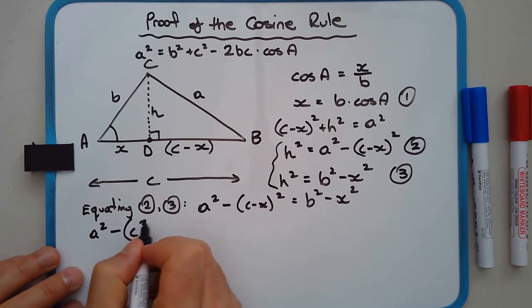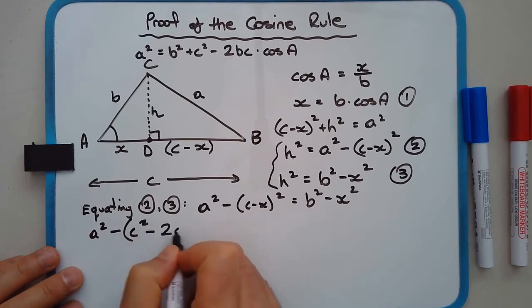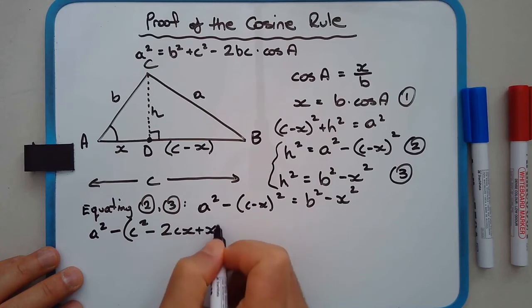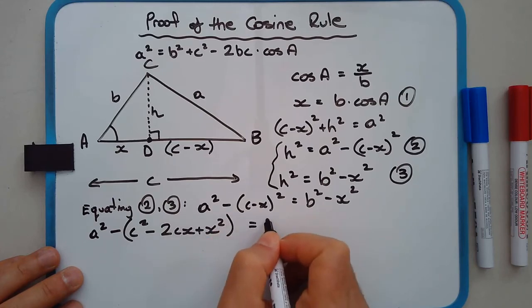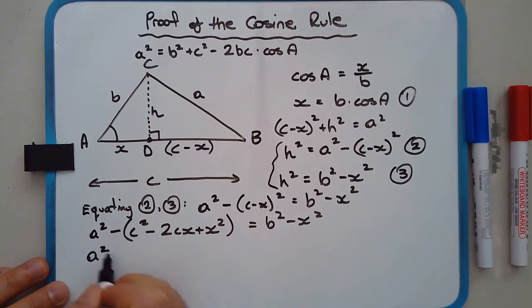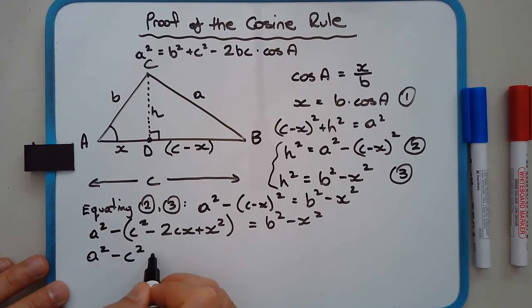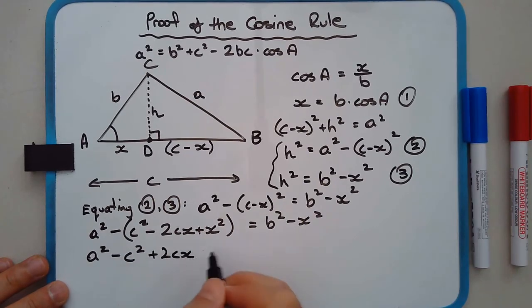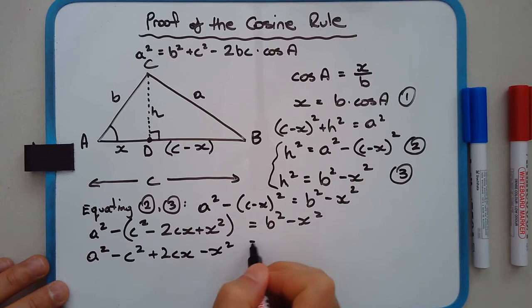So a squared minus, let's expand the c minus x all squared. That's c squared minus 2cx plus x squared, is equal to b squared minus x squared. Let's expand the bracket again and factor in this negative sign. So a squared minus c squared plus 2cx minus x squared is equal to b squared minus x squared.